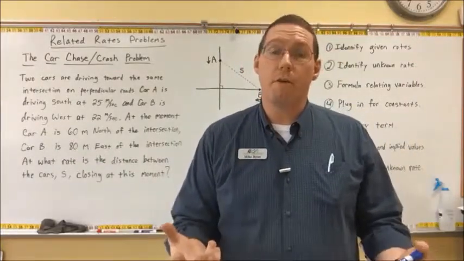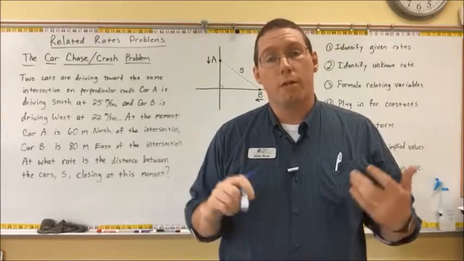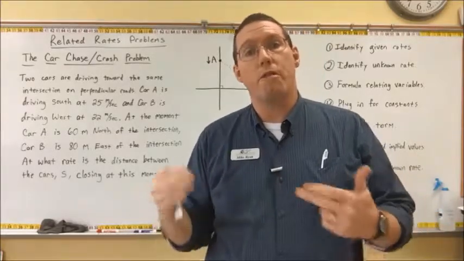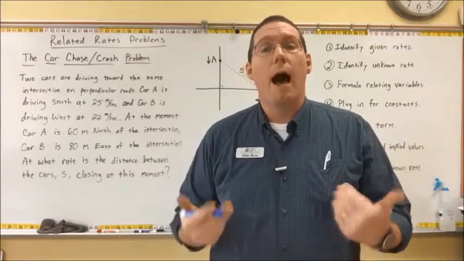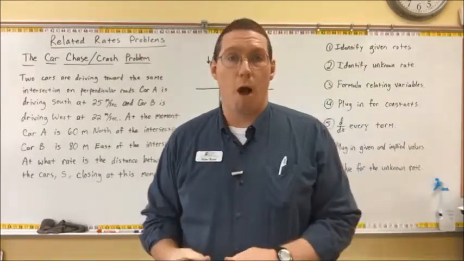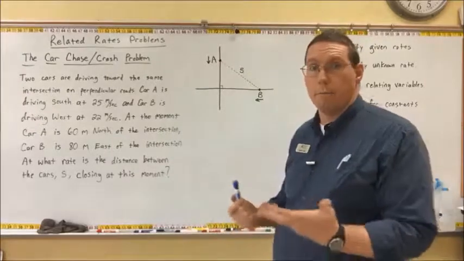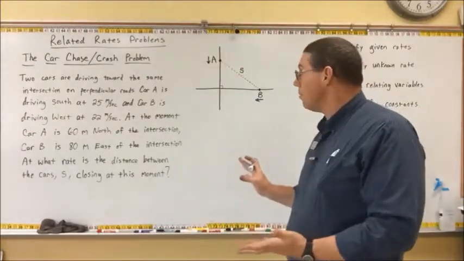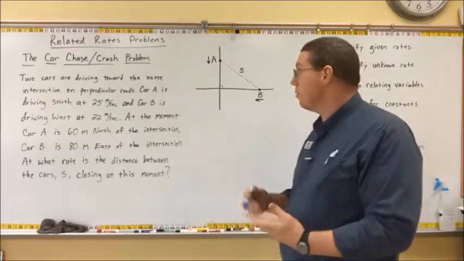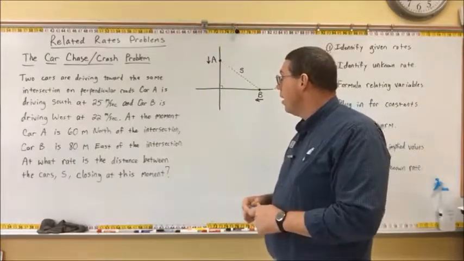So when you're facing a related rates problem where it's a right triangle and all three sides are changing over time, I call that the car chase problem or the car crash problem. That's what I call it. It's a classic problem in calculus, okay? And you'll see it in different variations.